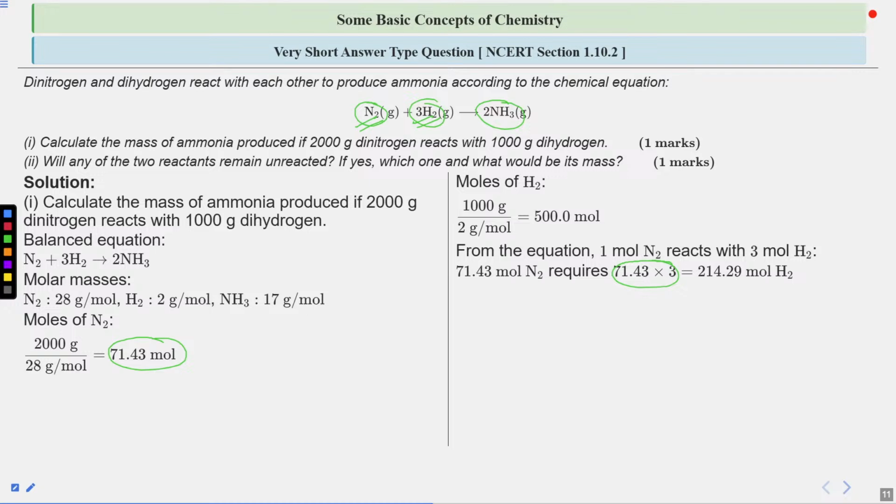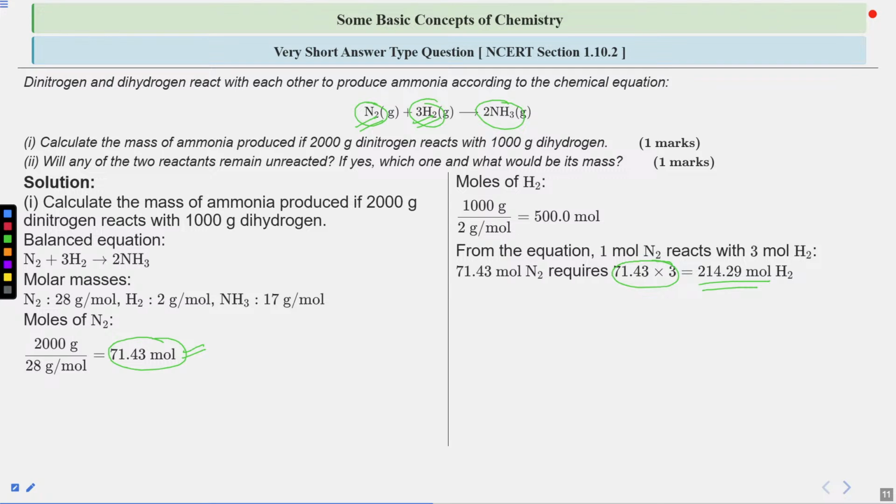Again, that same analogy of the chocolates; here I have used that. So that is 214.29. We require this much hydrogen to completely react with the given nitrogen.